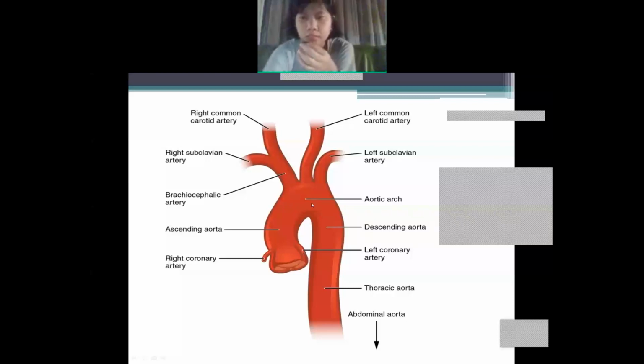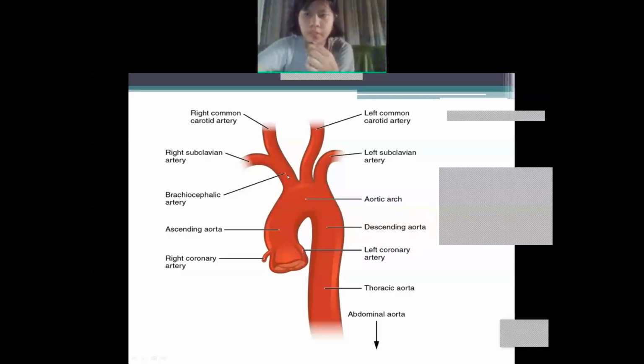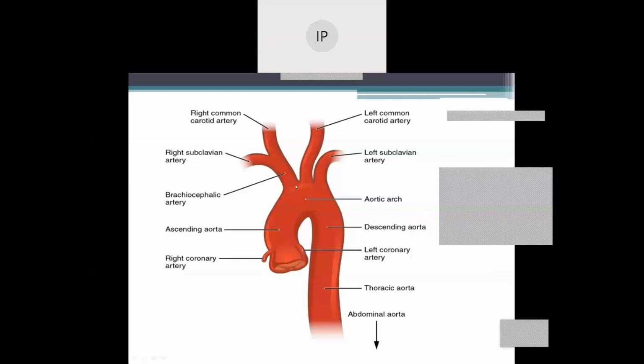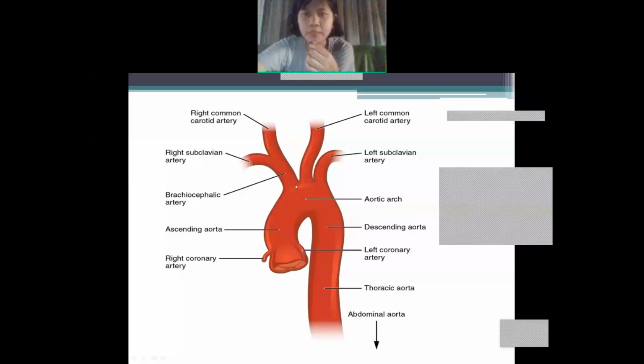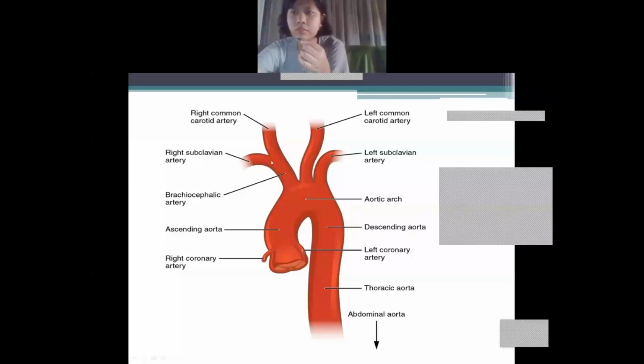That is the aortic arch. Okay, I'll give you a hint. Brachiocephalic artery, this one. Ma'am, left common carotid artery and left subclavian artery. And this brachiocephalic artery, it is divided into how many parts? Two. Name them. Right common carotid artery and subclavian artery. Okay, good.